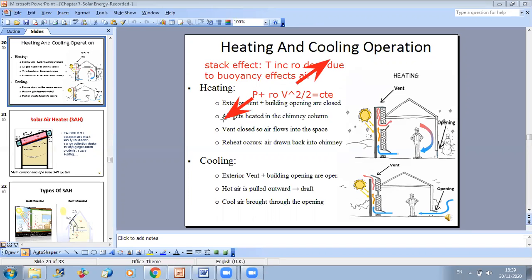So this is why when you have wind, you can create pressure drop effects, which will allow for circulation of air, because you have a higher velocity. Do you have the higher velocity on the inside or the outside? The outside.